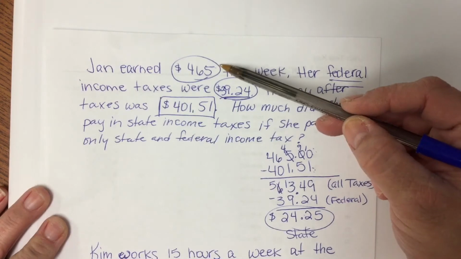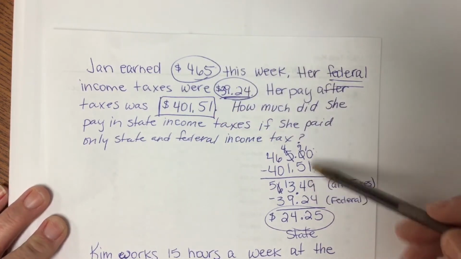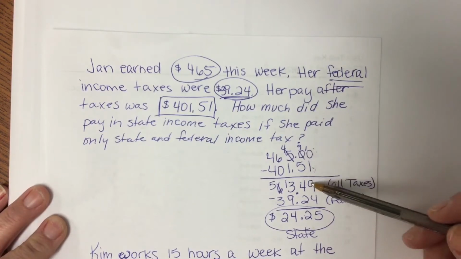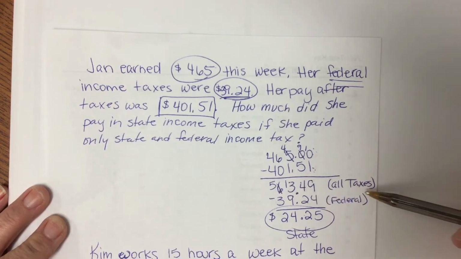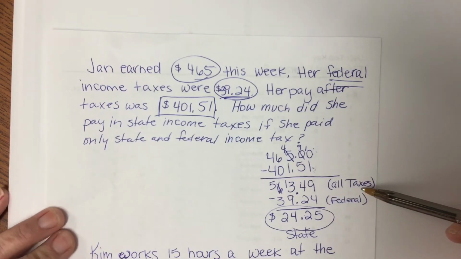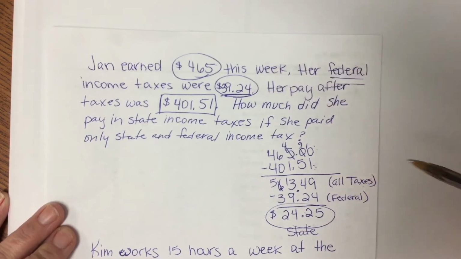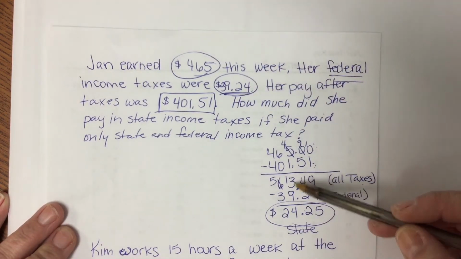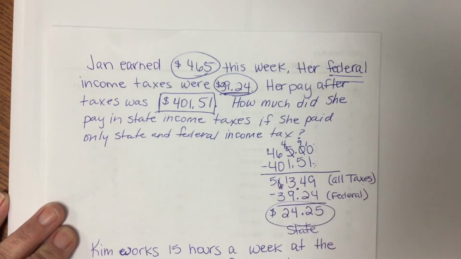So gross is what she earned. $401.51 is what she was paid. Okay, so I'm going to subtract those two, and it tells me that she paid $63.49 in taxes. Okay, and then it told me that she paid $39.24 in federal taxes. So we're going to subtract the federal, and what's left over is what she paid in state taxes.